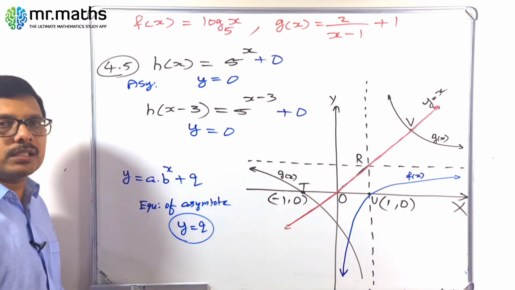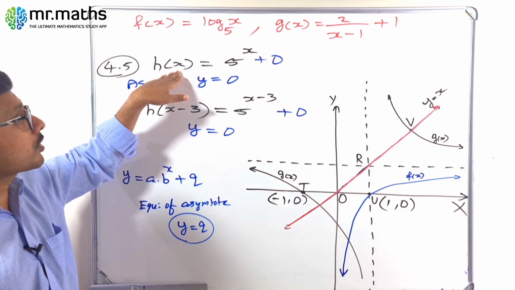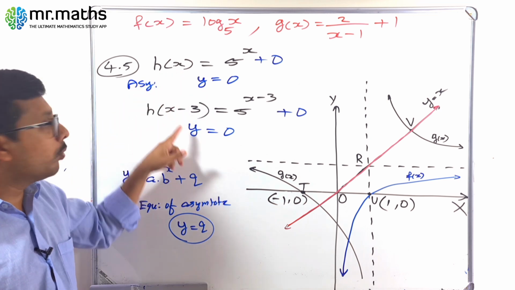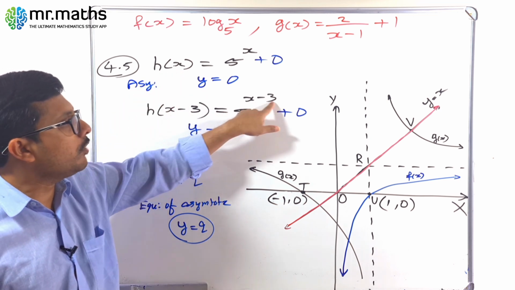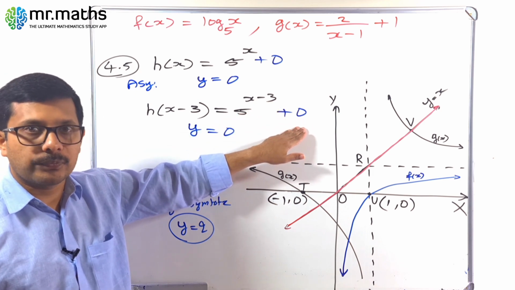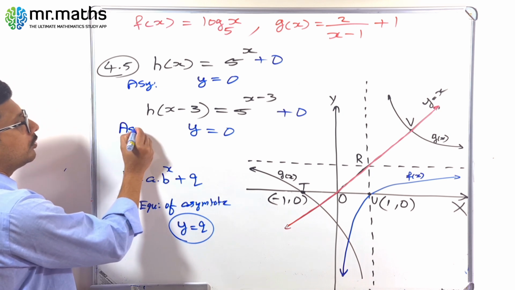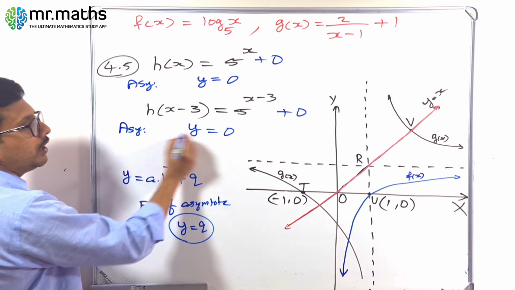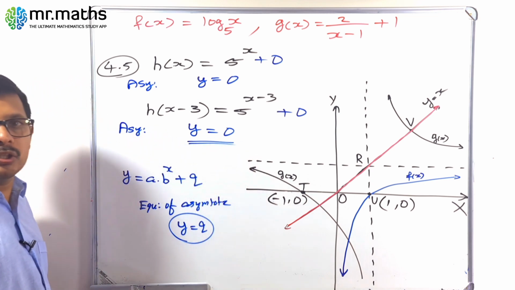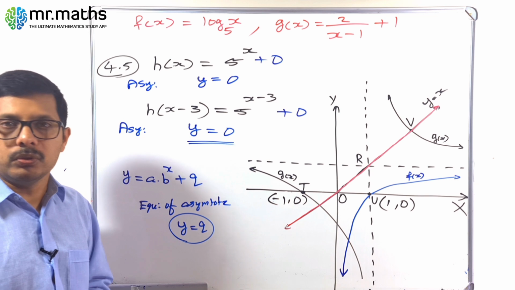Okay, so it means that there is no difference in the equation of the asymptote of h of x and h of x minus 3, because only the x value is changing. There is nothing added or subtracted here. Do you understand? So what is the answer? Asymptote is y is equal to 0. This is the answer. Equation of the asymptote of h of x minus 3 is y is equal to 0.